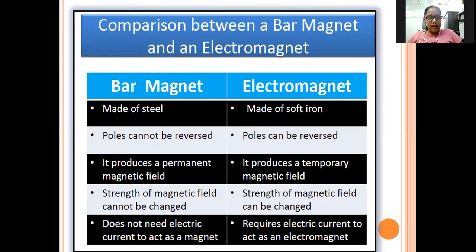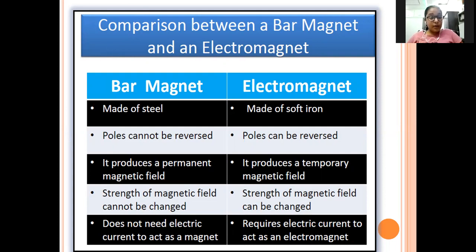Now we will see the comparison between a bar magnet and an electromagnet. The question may be arising in your mind, what is the difference between a bar magnet and an electromagnet? So we will see here. Bar magnet is made of steel and electromagnet is made of soft iron. Bar magnet poles cannot be reversed and electromagnet poles can be reversed.